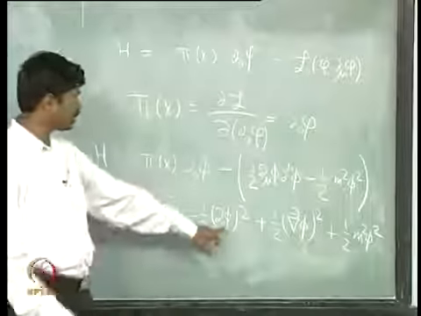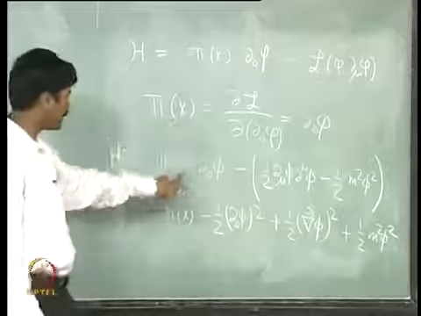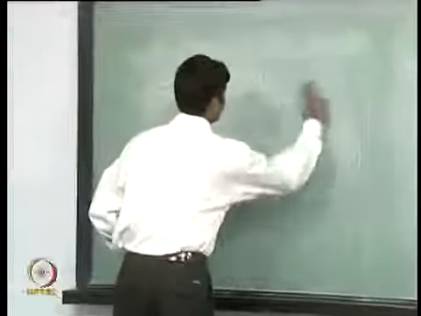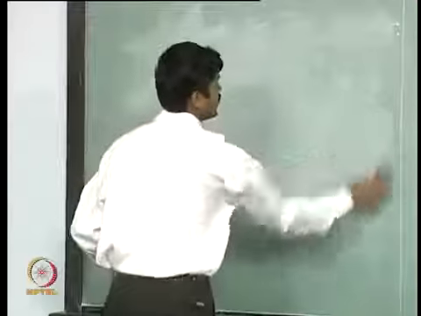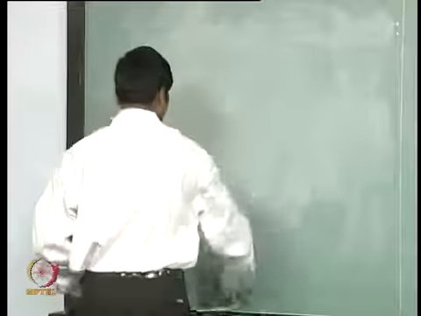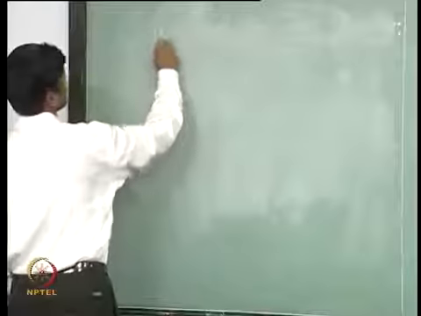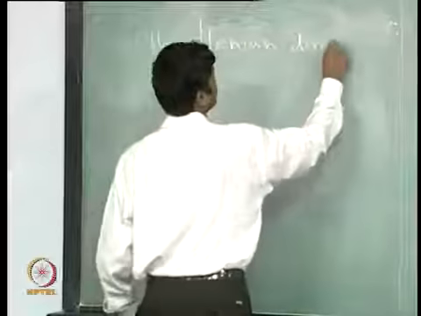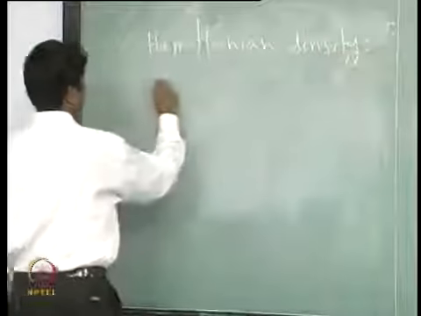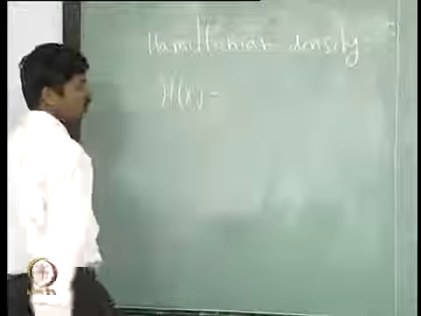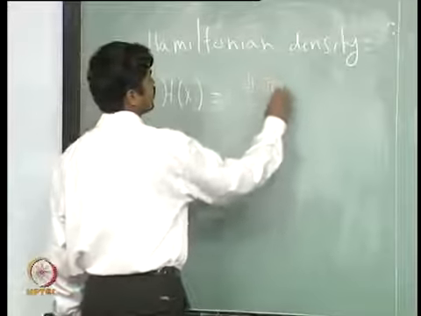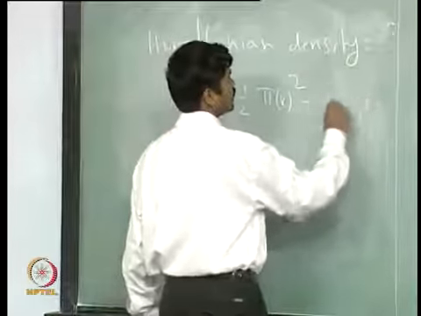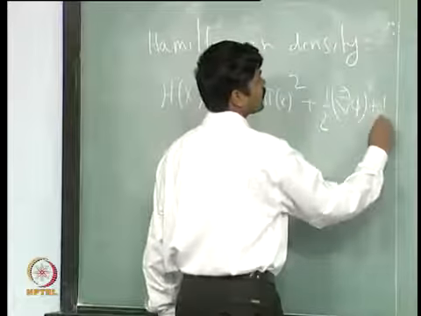We can again substitute this for pi of x, and then the Hamiltonian density h of x is equal to half pi of x square plus half grad phi square plus half m square phi square.